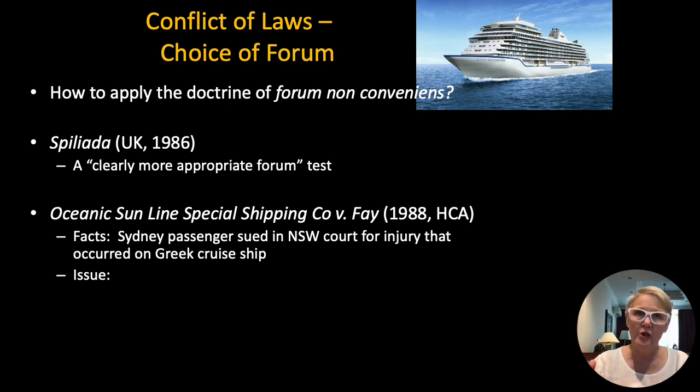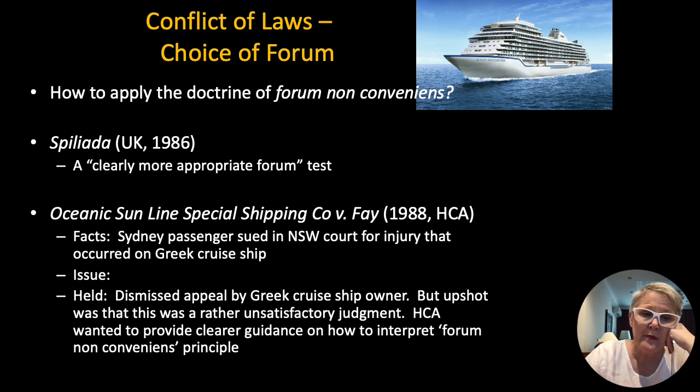The ticket included a limitation of liability clause that would not have been enforceable in Australia. Also, the Greek system, in order to sue in Greece, it was much slower. There were a whole lot of strategic reasons why the Fays wanted to bring their action in Australia. They were more likely to succeed.